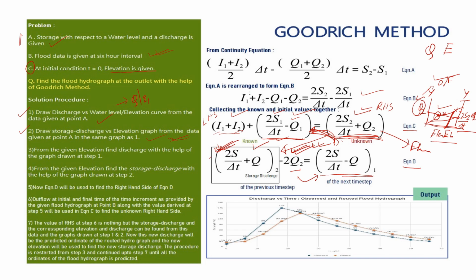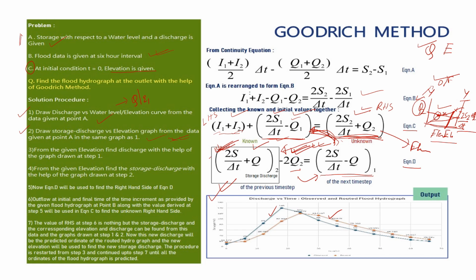And from that predicted outflow Q, you can draw the predicted outflow hydrograph, and that is shown here. This is the actual hydrograph in the inflow, and this orange is the predicted hydrograph at the outflow.